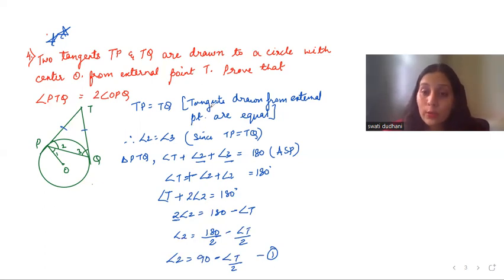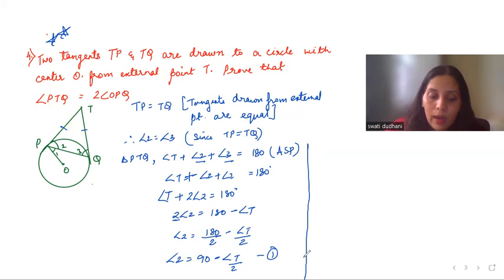So what do we do with this angle 2? Now, I also know that OP is a radius and PT is a tangent. So OP is perpendicular to PT. Why?